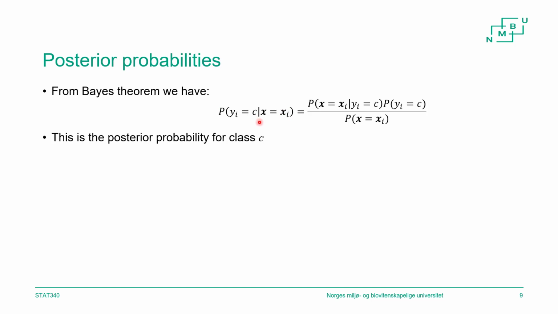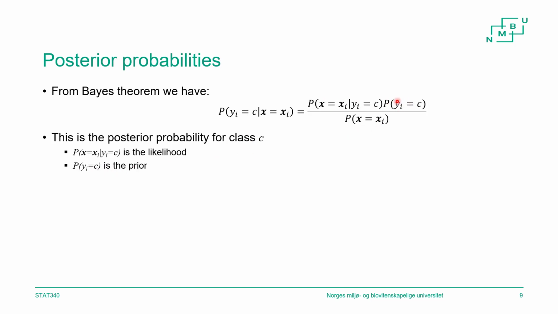Then we just classify to the class with the biggest posterior. This one here that you see up here is what we call the likelihood. This is the likelihood of the data given the classes. So it's the probability of our data given the classes.